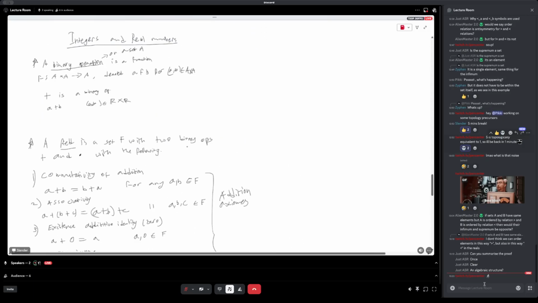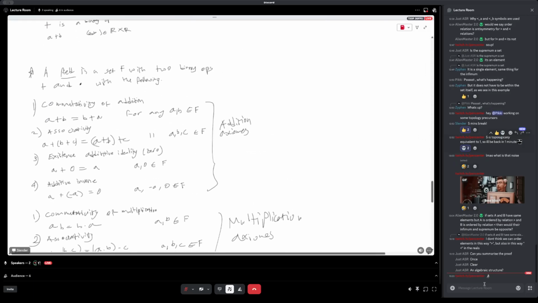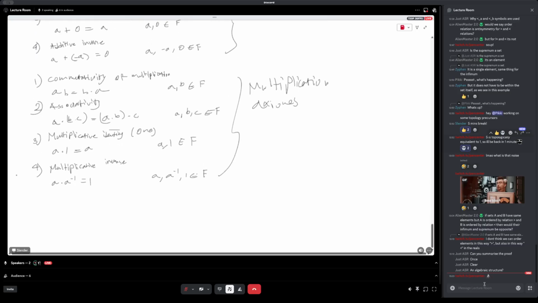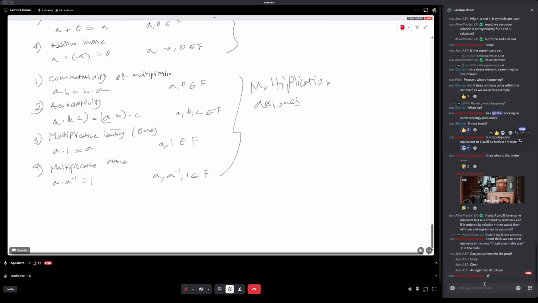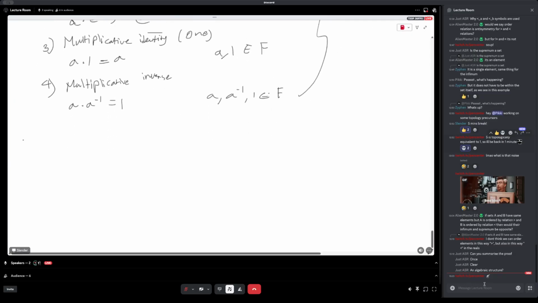An example of a field is the rational numbers or the complex numbers. But the next thing we have is an ordered field.